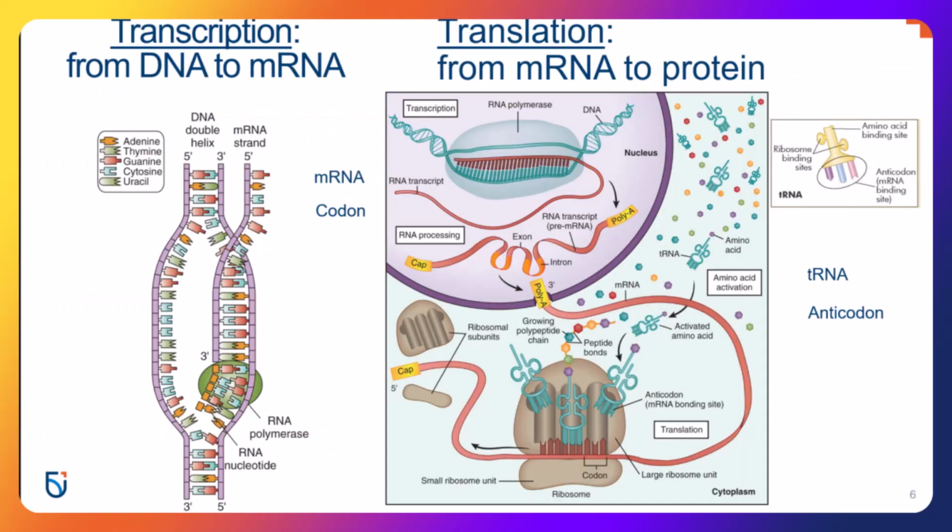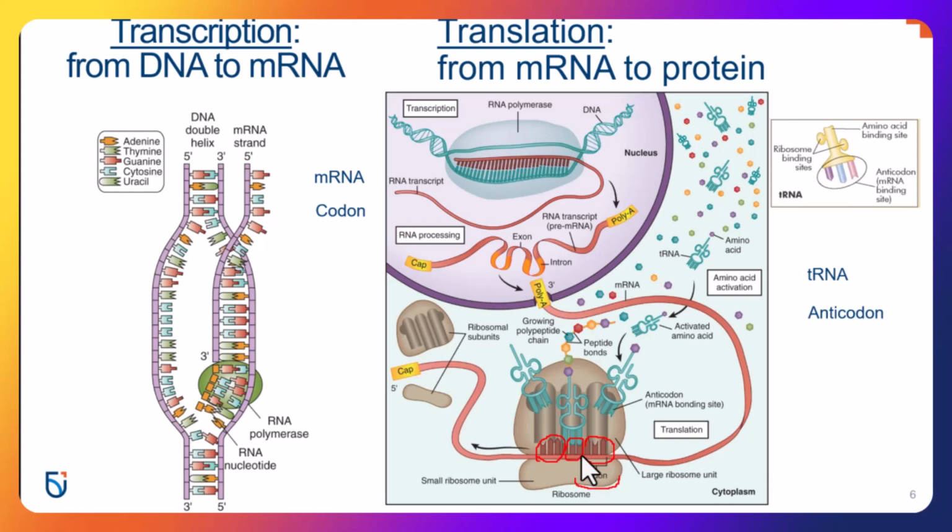So here is 1, 2, 3, 1, 2, 3, 1, 2, 3. These 3 nucleotides that are together are sometimes called a triplet because there's 3 of them, or more appropriately, a codon.